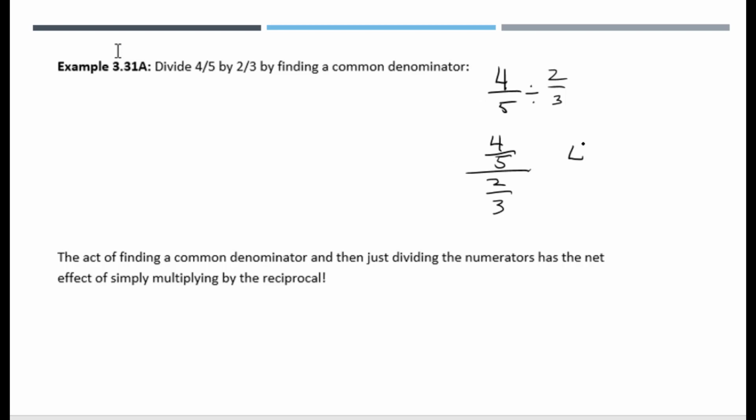And we're going to solve it here mainly by using a common denominator. So the LCM of 3 and 5 would be 15. So we'll change them both into a new fraction with 15ths as a denominator.